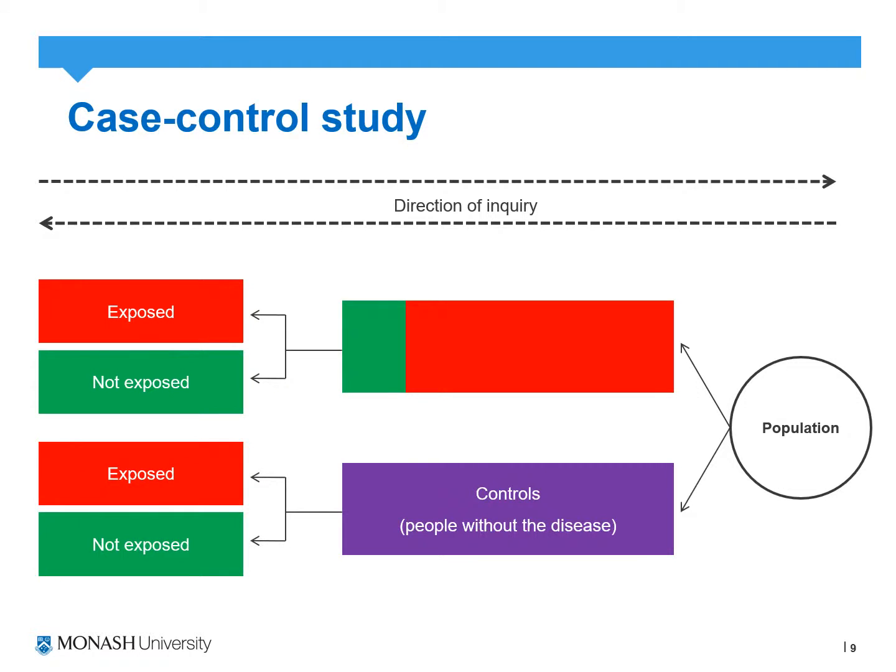Similarly, we do the same for our controls, and we might identify that only a very small amount of participants who were identified as controls were exposed to the risk factor, as opposed to the overwhelming majority who were not exposed.